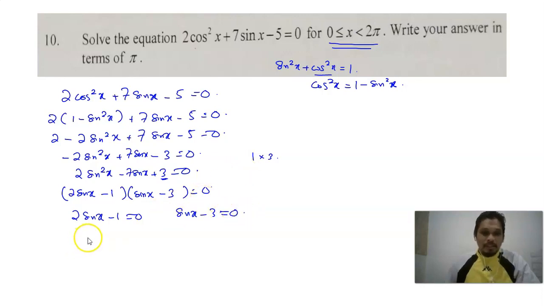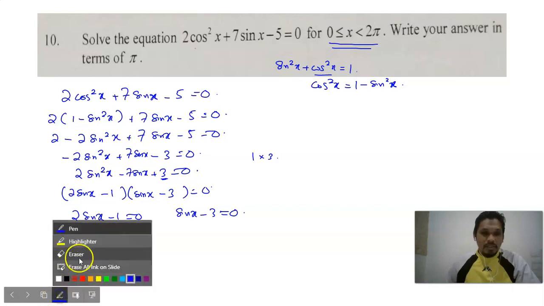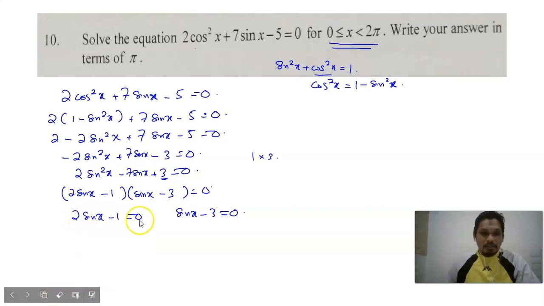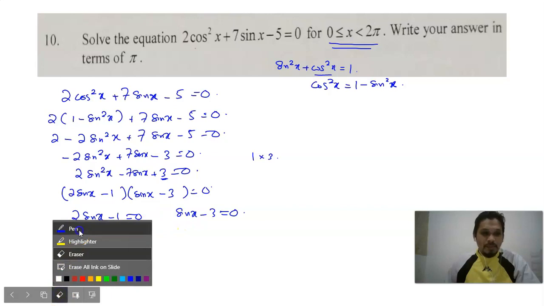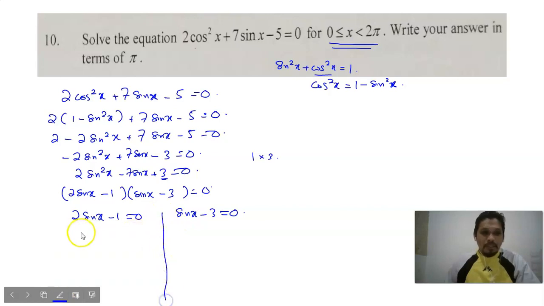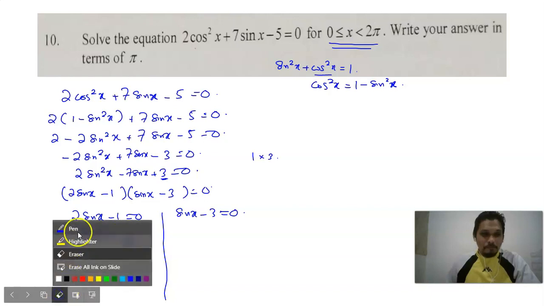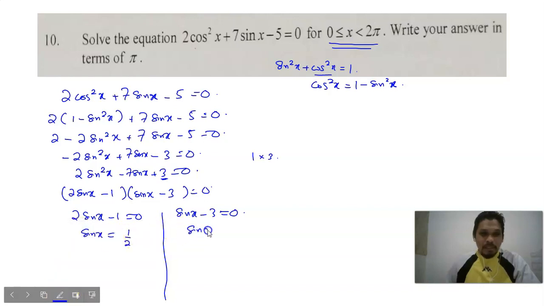So sine x equal to 1 over 2, or negative here becomes positive, sorry, and then sine x equal to 3.